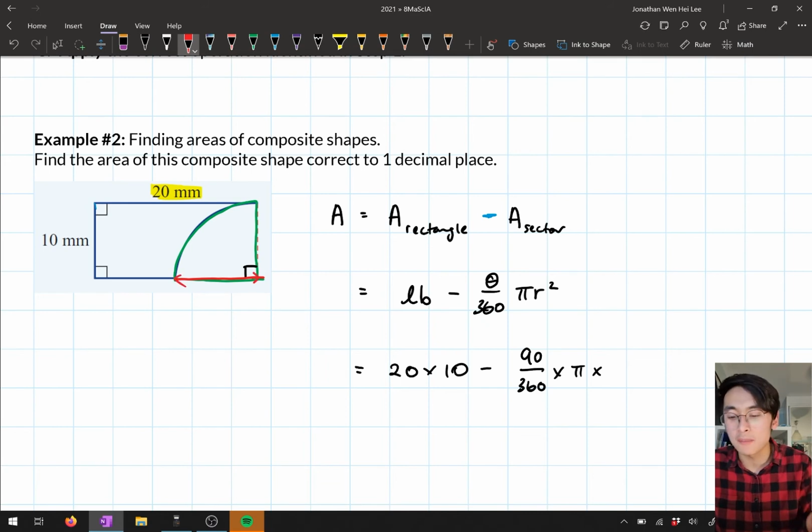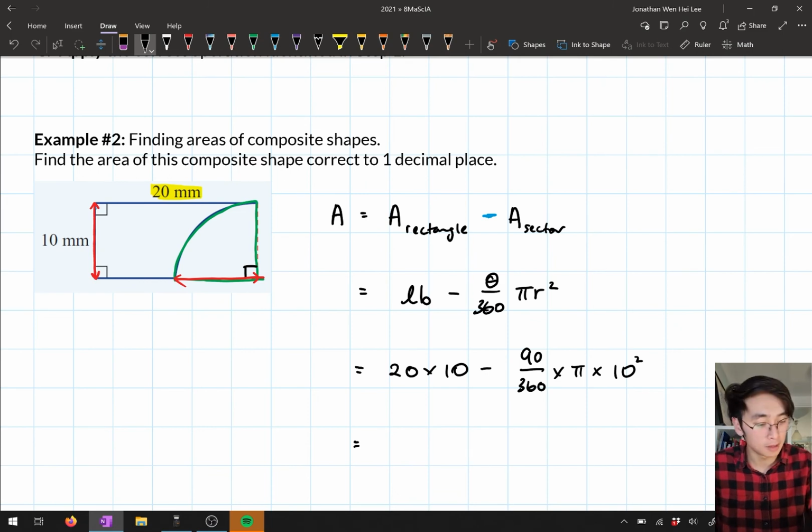I don't know what that length is, but I also know that this length here is also my radius, and I actually know that measurement. This measurement over here is the same as 10 millimeters. And so my radius is just going to be 10 millimeters. So here it's going to be 10 squared. The measurements are in millimeters, so this is going to be in millimeters squared.